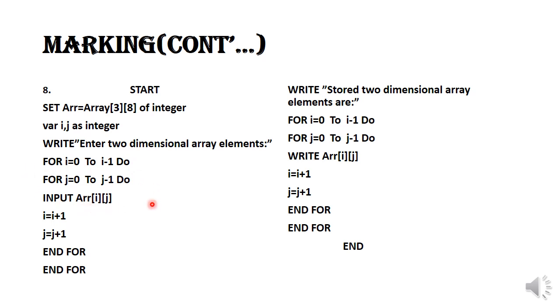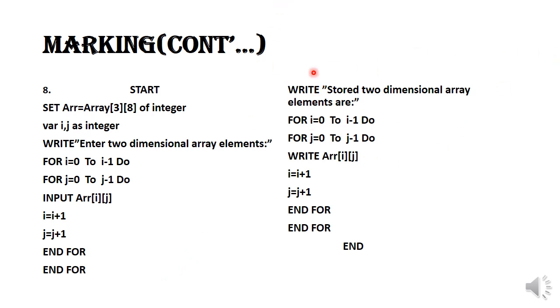So input the two-dimensional array elements. So the row is incremented by 1, or for each iteration the new value of row is equal to the old value of row plus 1, because array elements are accessed from 0 to size -1.